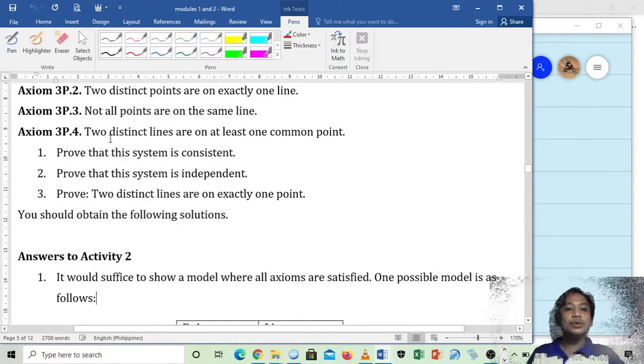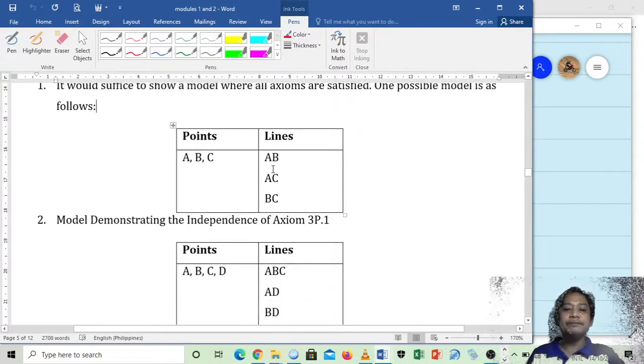Then next, 2 distinct lines are on at least one common point, meaning 2 lines should have at least one point in common or an intersection. If we are to name all pairs of lines, we have AB and AC intersect at A, AB and BC intersect at B, AC and BC intersect at C. There is no other possible pair of lines.